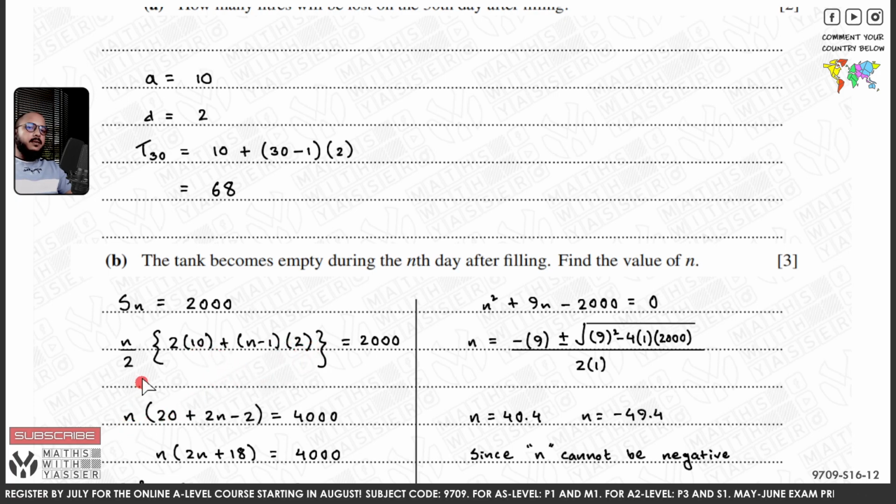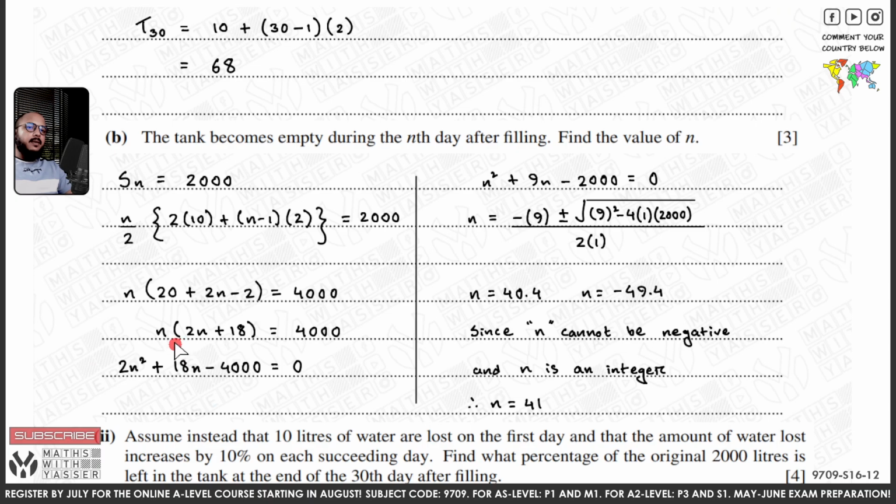Simplifying this, we get 2 times 2000 is 4000, and this will become n times 20 plus 2n minus 2, or we can say n times 2n plus 18 equals 4000, or 2n squared plus 18n minus 4000 equals 0. Now we can simplify this further by dividing both sides by 2. That gives us n squared plus 9n minus 2000 equals 0.